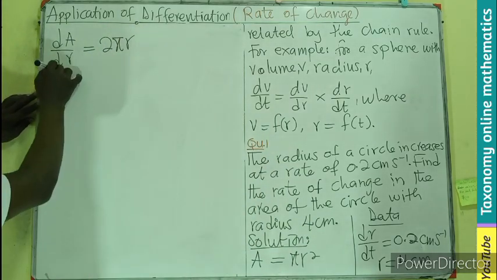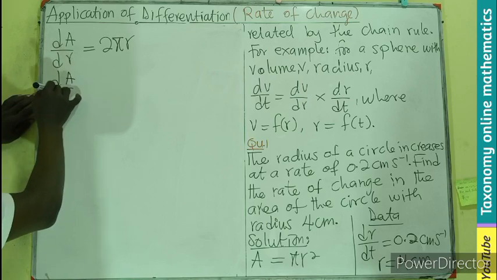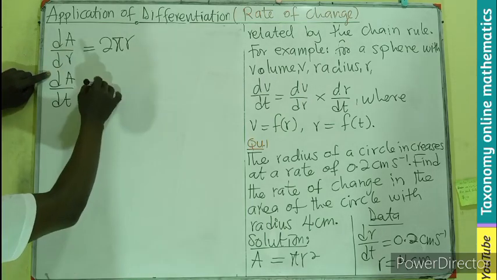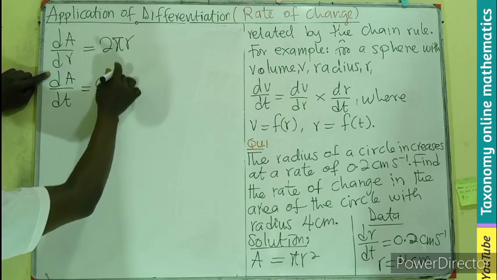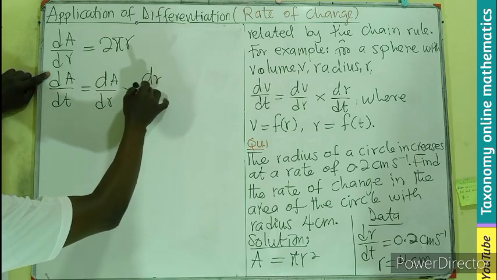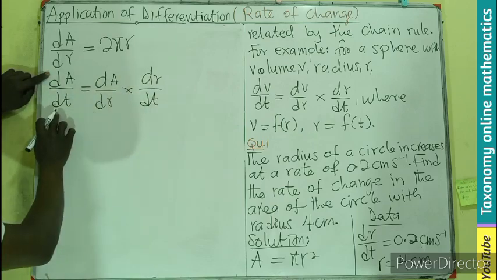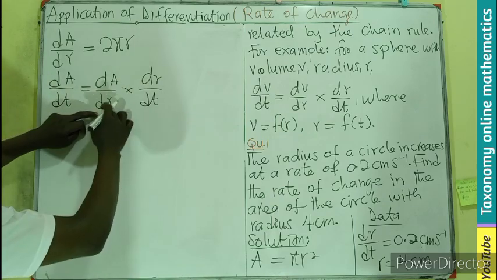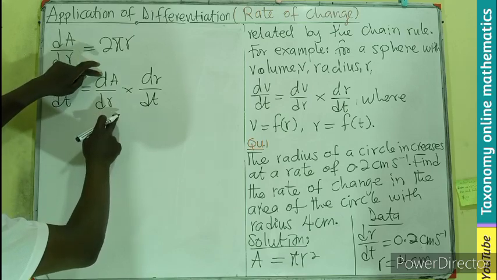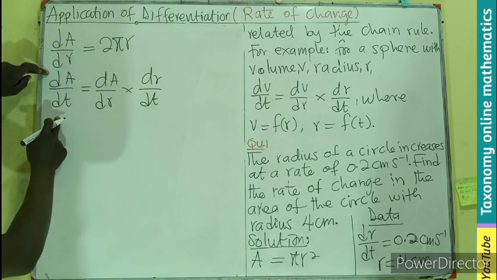Here our dA/dt is what we are interested in. That will be dA/dr times dr/dt. Make sure the dr's are in diagonal so that they cancel to give you dA/dt.